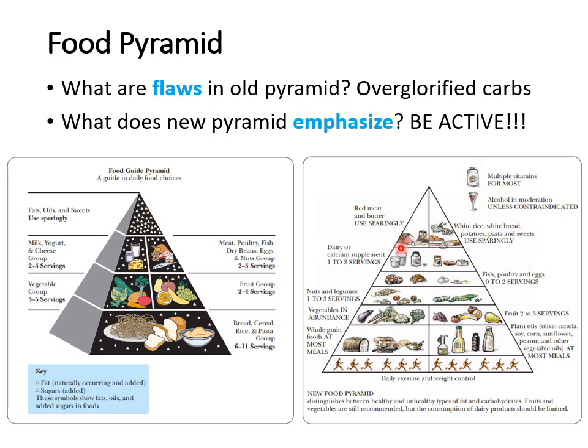The new pyramid, the big thing I want to point out to you that is most significant and valuable in it is that it now emphasizes more than anything that exercise, being active, is very important when it comes to proper nutrition. It is not just about what you eat.